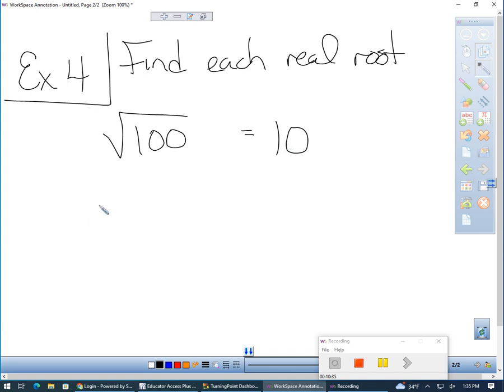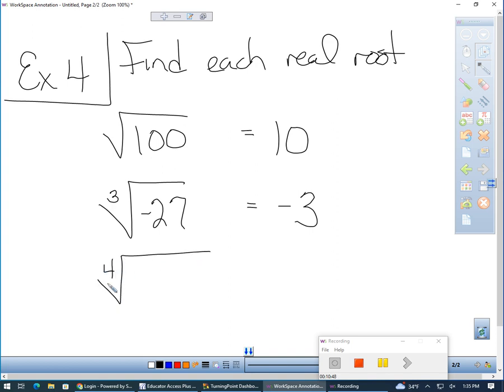Let's say I have the cube root of negative 27. Negative 3. Let's say I have the fourth root of, how about 81?